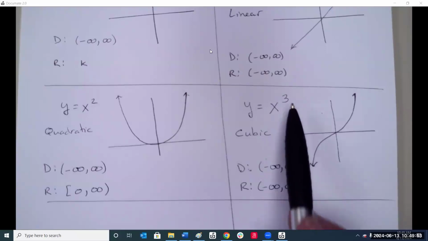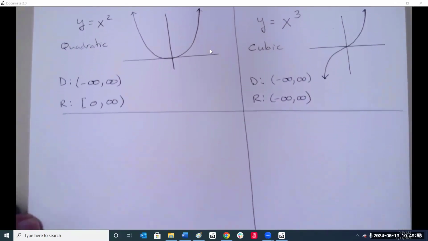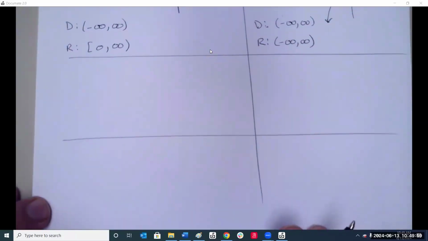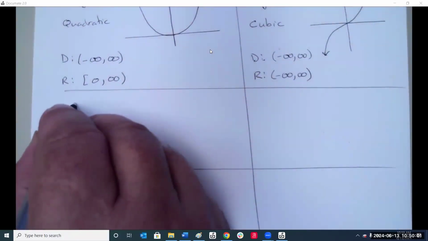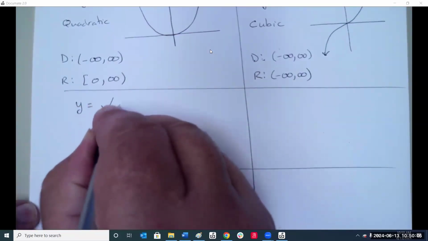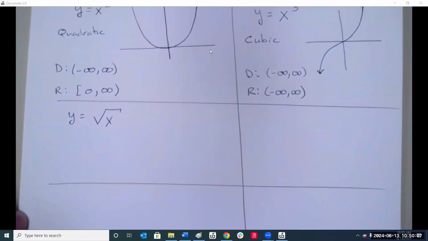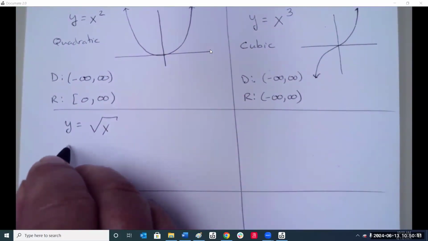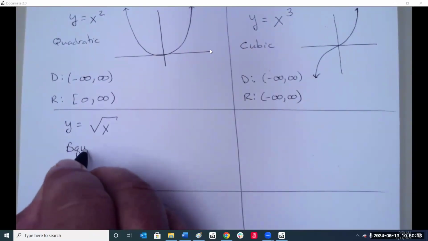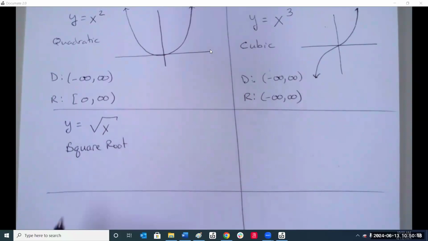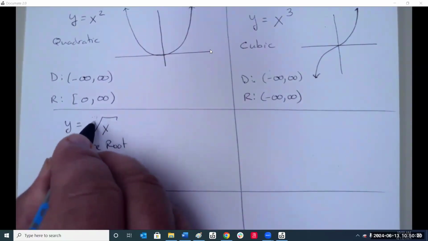Cubics are odd functions. This is called a square root function because there's an invisible 2 right there.